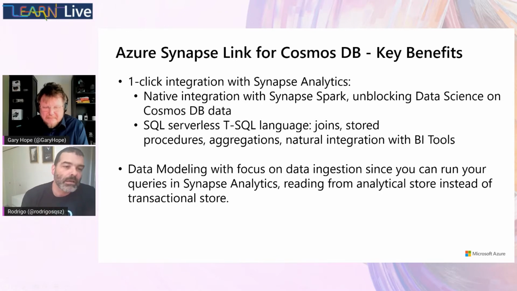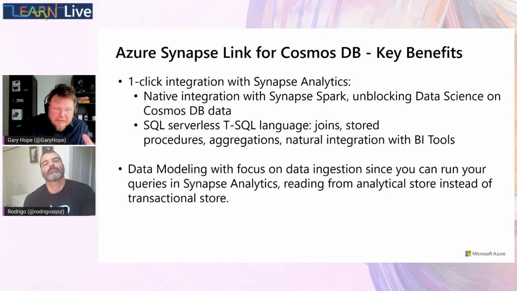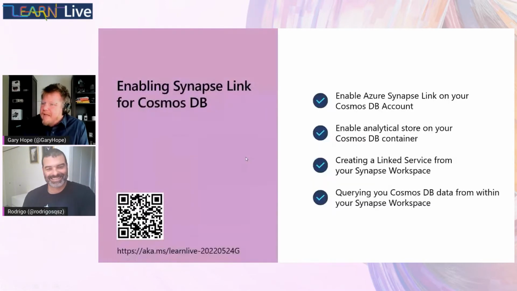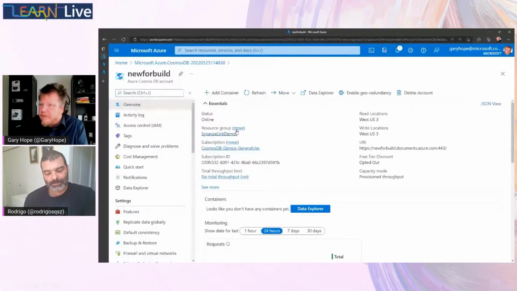So that's a key benefit that will bring performance optimization and cost reduction. So I can focus on my operational workload from the transactional store, and I can focus on the analytical workload from my analytical store using the Spark and SQL processing engines. Exactly. Cool. Let's dive in and actually show some of these scenarios specifically and what we can perform using them.